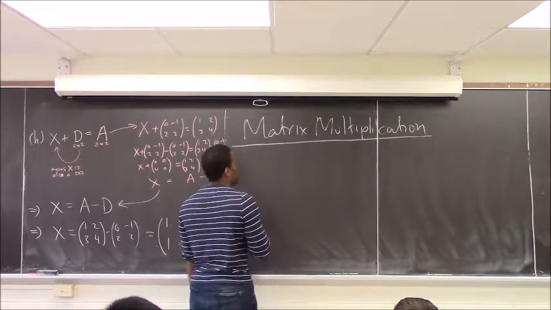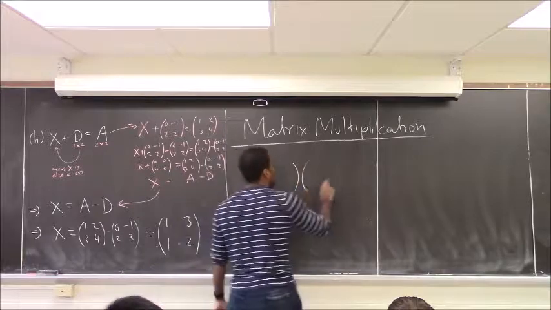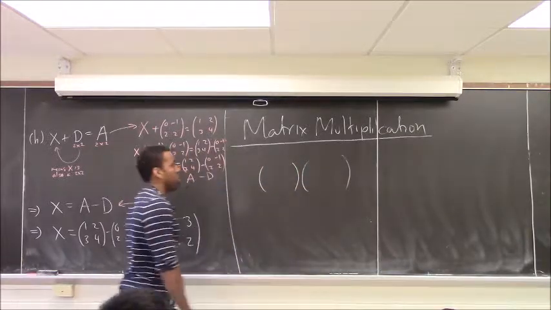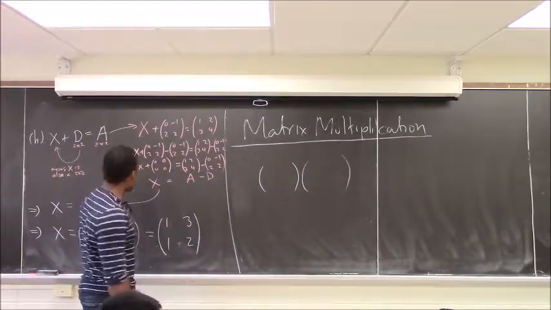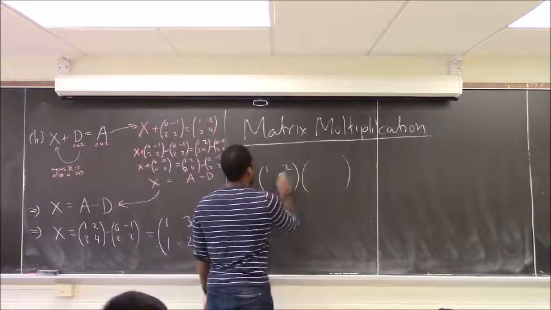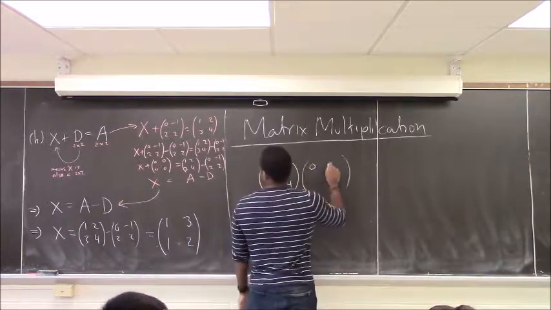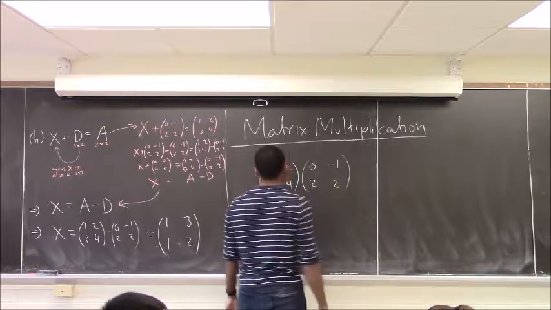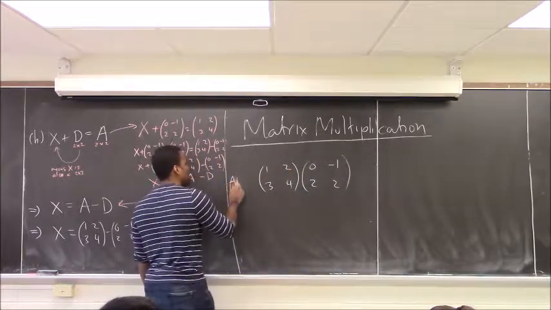For those who have probably never seen matrices before, you're probably going to think a certain thing. Like 1, 2, 3, 4 and 0 minus 1, 2, 2. Let's say I wanted to multiply a times e.